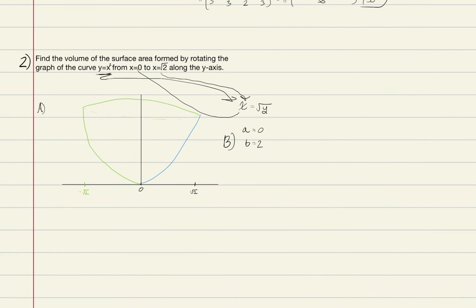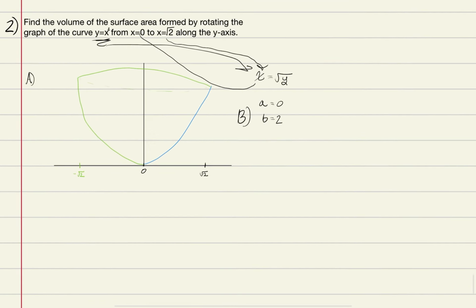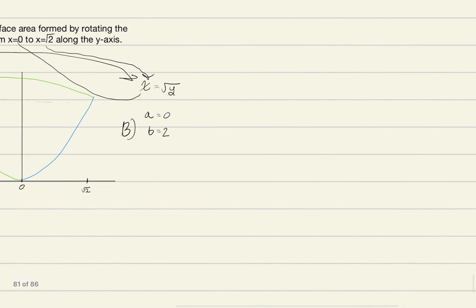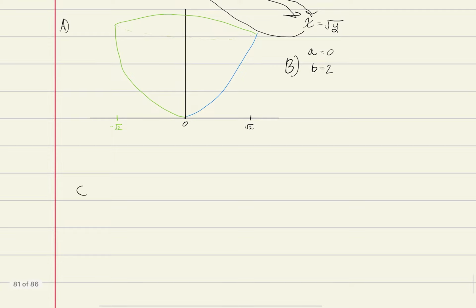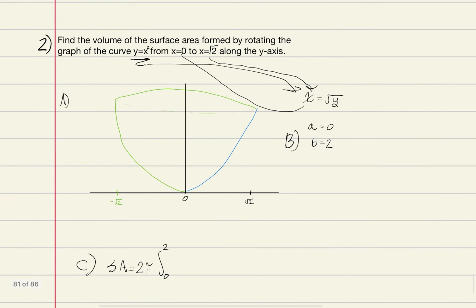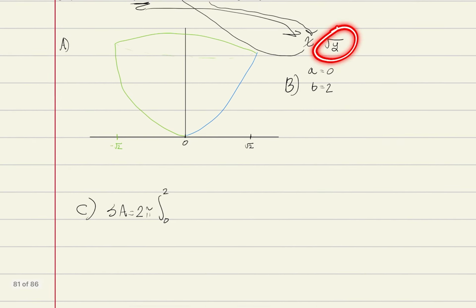Next, we will plug our information into the surface area formula. You can find surface area by multiplying 2 pi times the integral from 0 to 2 times root y coming from here.